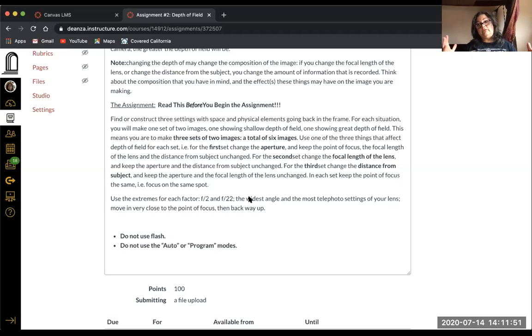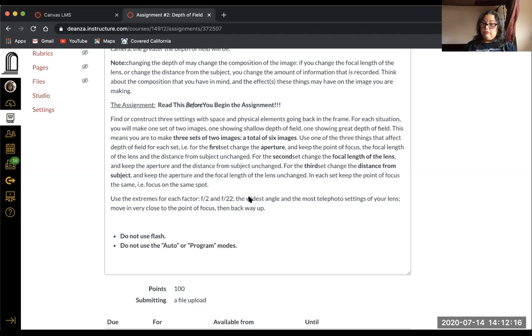So you'll find a situation, and I'd like you to find a situation where there's space going back in the frame. So not just from like my face to the wall behind me, because that's not very much space. So imagine, if you will, we were in a classroom where there's space going back in the frame and also people and desks and chairs going back in the frame.